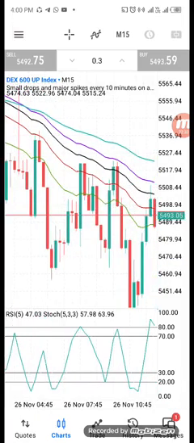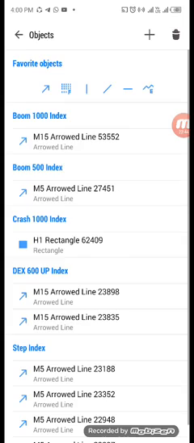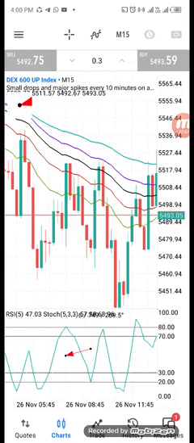So it's very, very simple. All what you just need to do is just to understand the concept. Now, this is another one. We have our RSI stock moving above here and it crosses below 70.